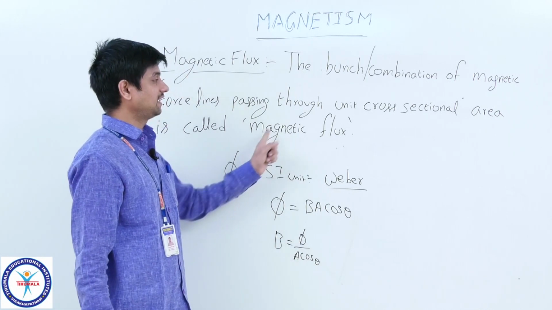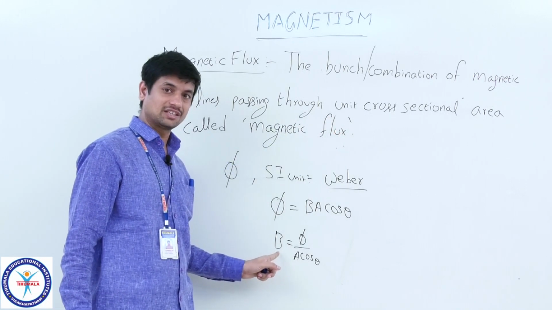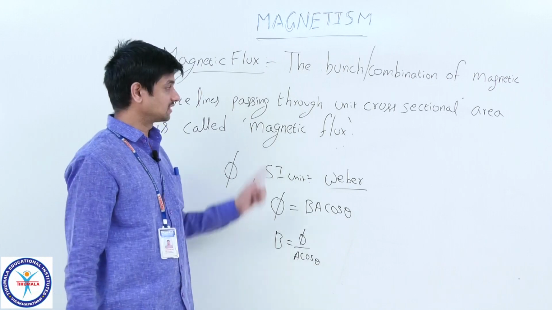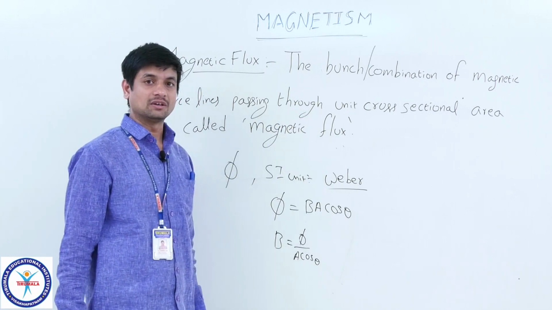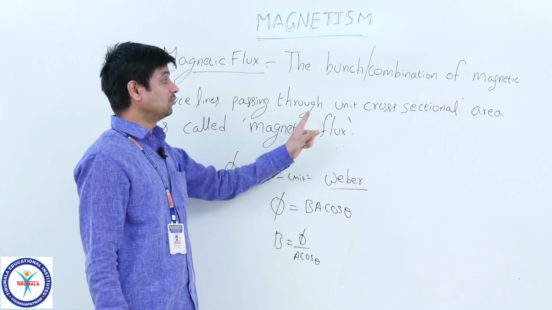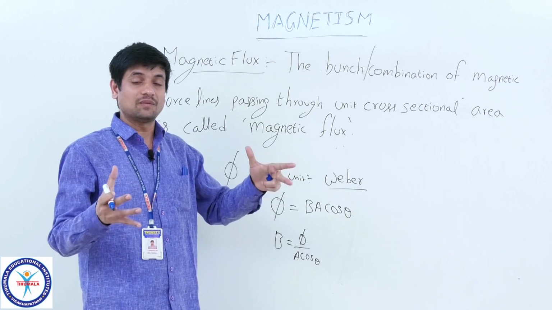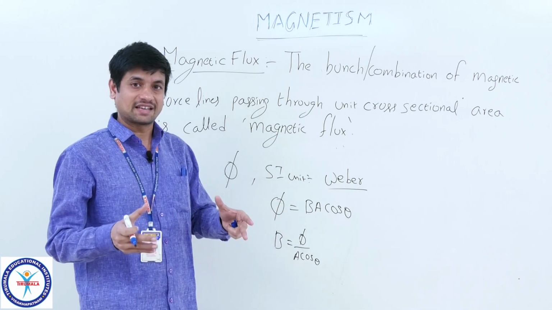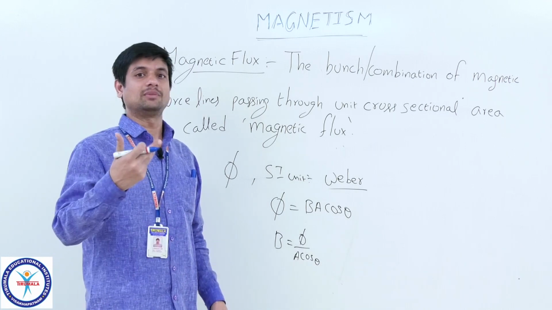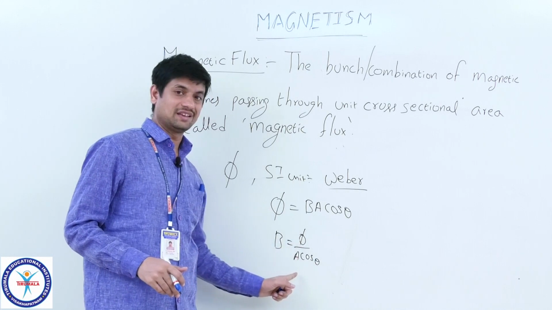In the definition I said through unit area, but for magnetic flux density we use this statement by changing the word to per. That means in 1 unit area how many lines can pass, so we can say how dense the flux lines are there, how many flux lines can enter into that one. So, magnetization will be more. That factor we need to know: B equal to phi by A cos theta.